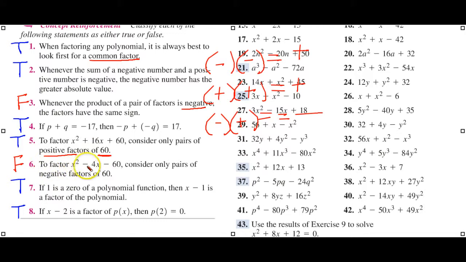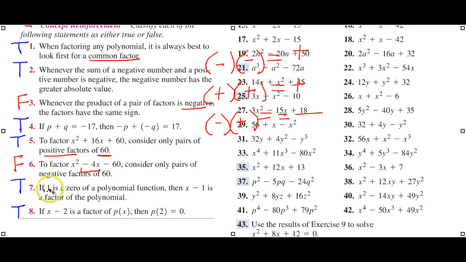Now for this one, where the middle term is negative and the third term is negative, in order for that to occur, one has to be negative and one positive. So you do not have to consider both factors are negative, because that would make this term a positive. So again, sort of tricky here, but this one's a little easier.